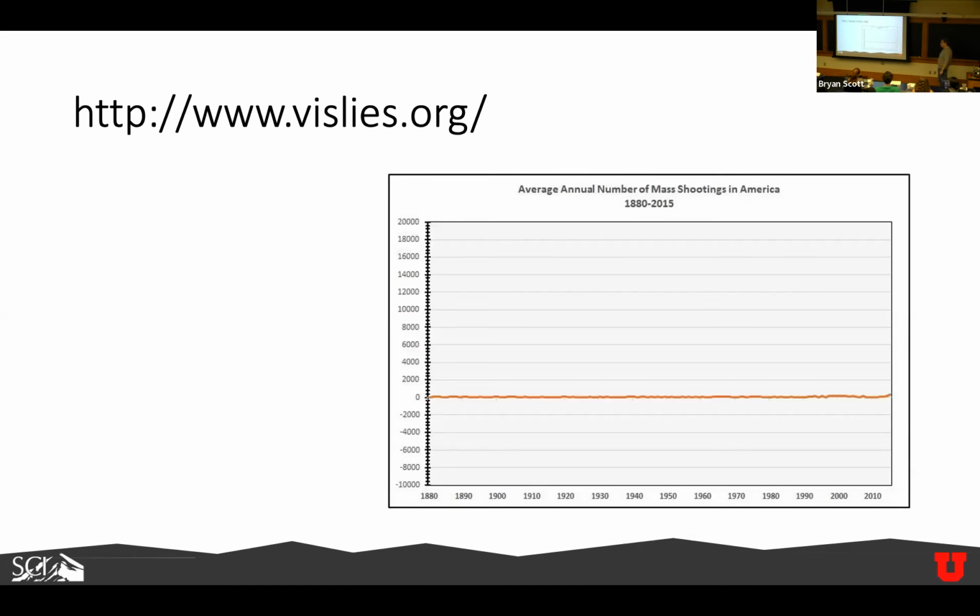Why does it go negative? It actually doesn't go negative, it's an artifact of the drawing. These are actually tick marks, but it looks like the y-axis goes negative. I don't know what a negative shooting is. That's a group hug or something.